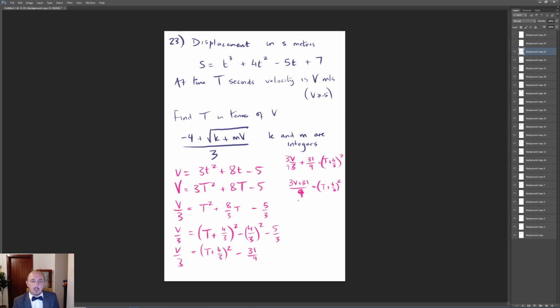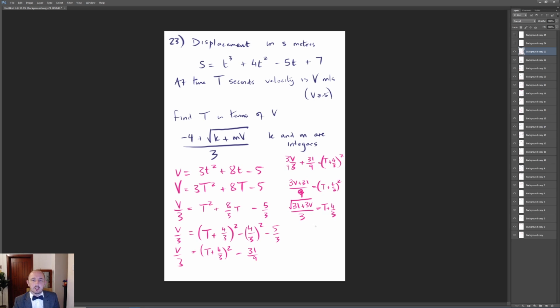So we square root the top, but notice we want k plus mv, so I'm just going to change the 31 and 3v around, which I can do because we're just adding those. And I'm going to square root the top and square root the bottom to give me a 3, and that's t plus 4/3.